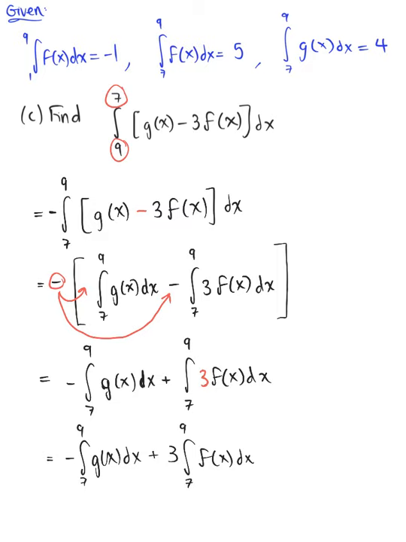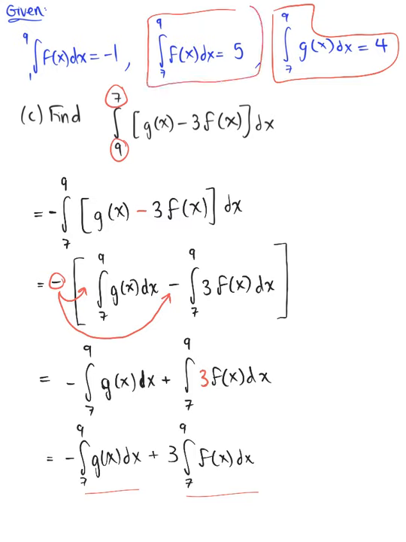Both of these definite integrals are direct evaluations. The integral of g of x is equal to 4, and the definite integral of f of x with these bounds is equal to 5. So let's plug them in. We have minus 4 plus 3 multiplied by 5. This leaves us with negative 4 plus 15, for a beautiful final answer of 11.